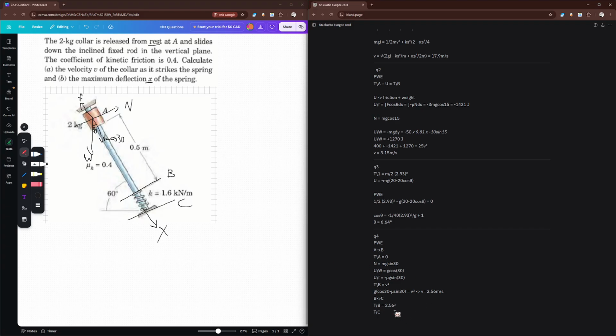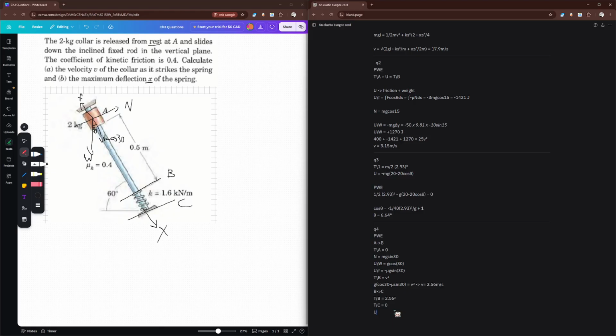So TC is equal to 0. And now we need to get work, which is due to weight. So UW plus U friction, because there's still friction on the rod, plus US for the spring.